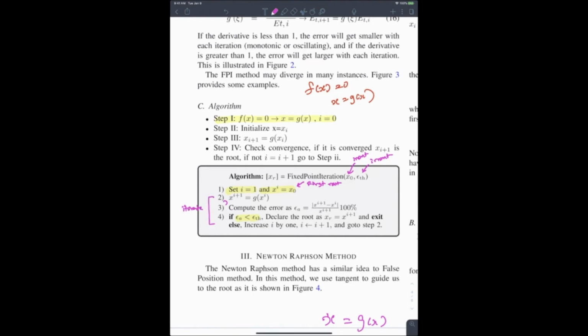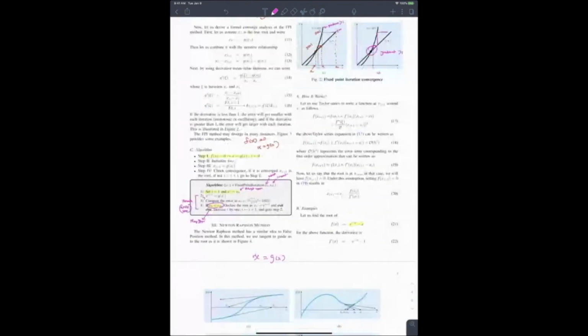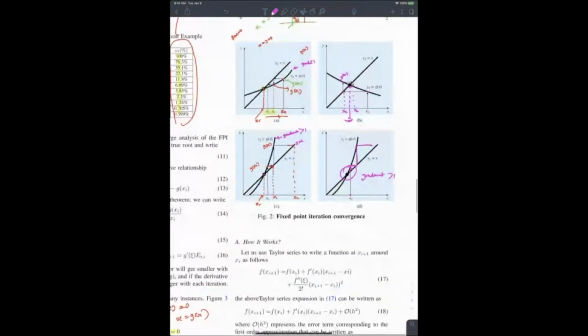In C++, you will write a while loop. Also, in many questions, in addition to checking this, as I already gave in some other examples in the algorithm, I will also give a max iter. Sometimes you will never converge.